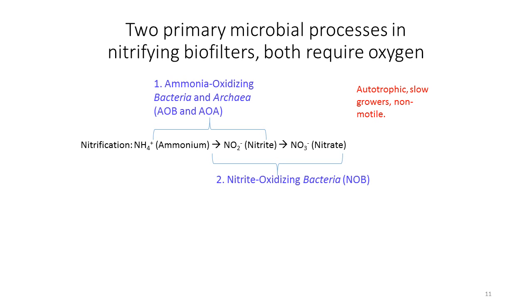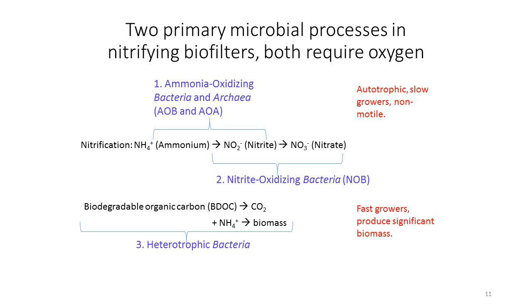The first is nitrification, which generally is a two-step process, but not always: oxidation of ammonia to nitrite and then oxidation of nitrite to nitrate. The nitrifiers that carry out these processes are generally autotrophic, slow growers, and they are non-motile, which means that they really need a good biofilm in order to thrive.